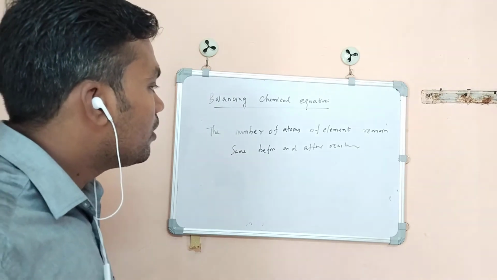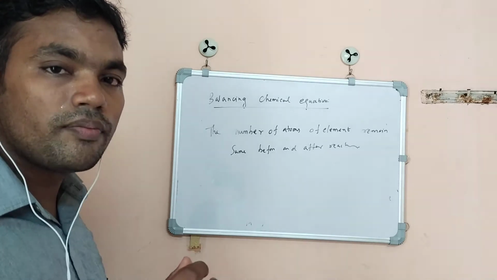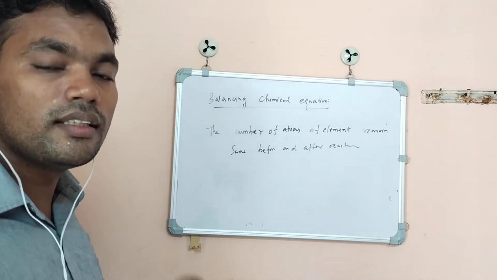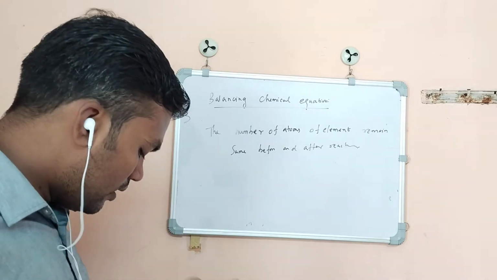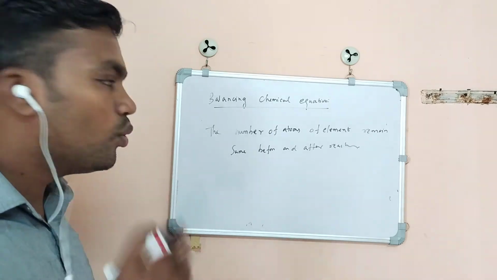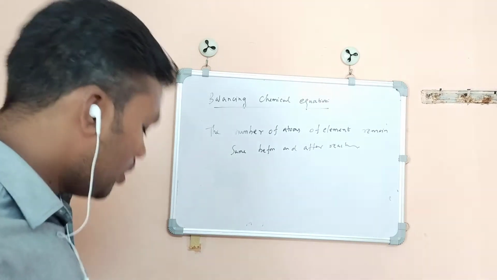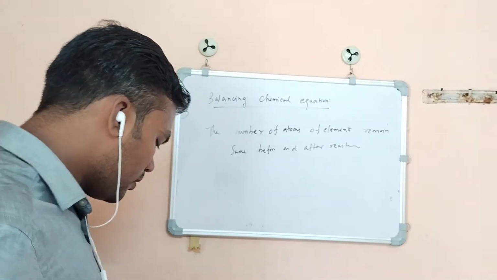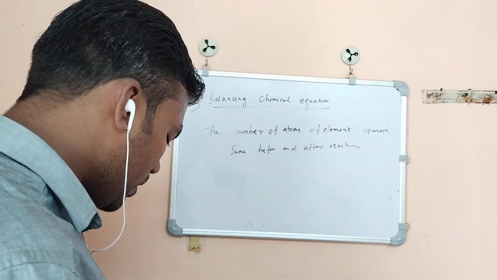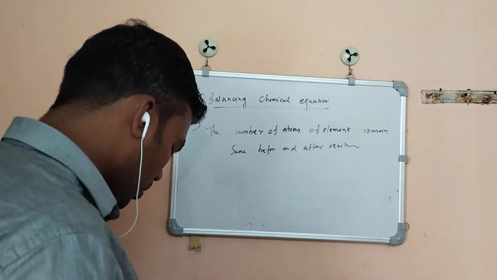Or the total mass of the elements present in the products has to be equal to the total mass of the elements present in the reactants. You must keep these points in mind before you balance any chemical equation. First, we have to balance some equations to understand the concept behind this process.